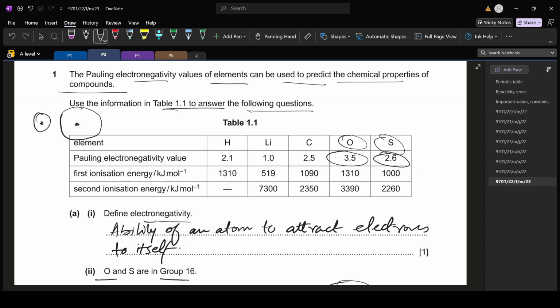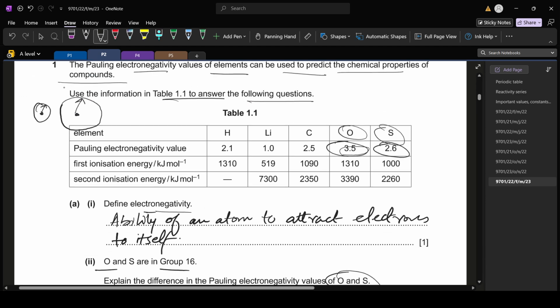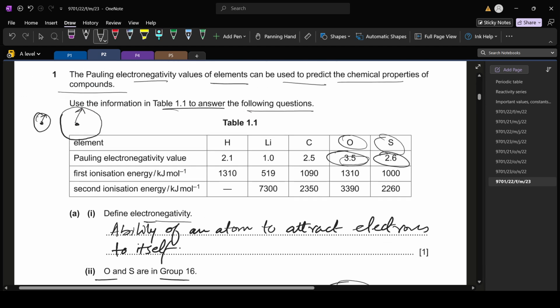So this distance in sulfur is greater, so its electronegativity value is lower than that of oxygen, because in oxygen the shell is closer to the nucleus.